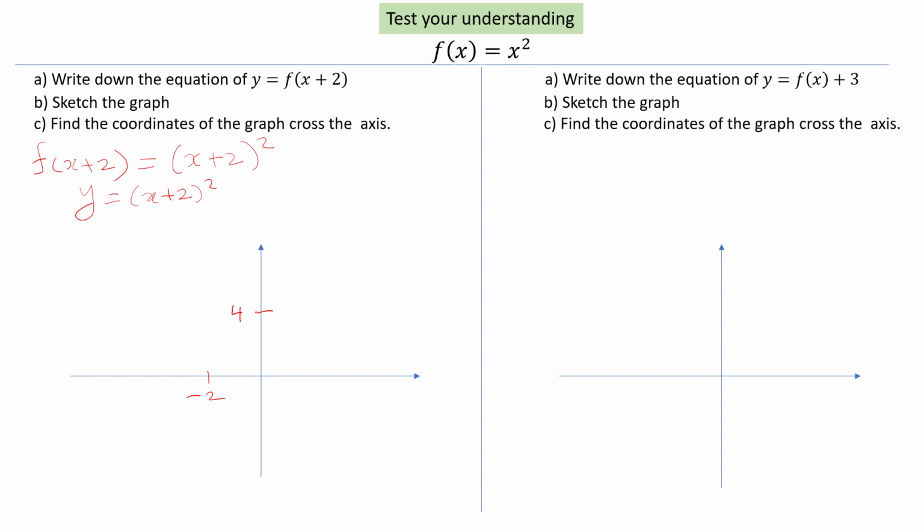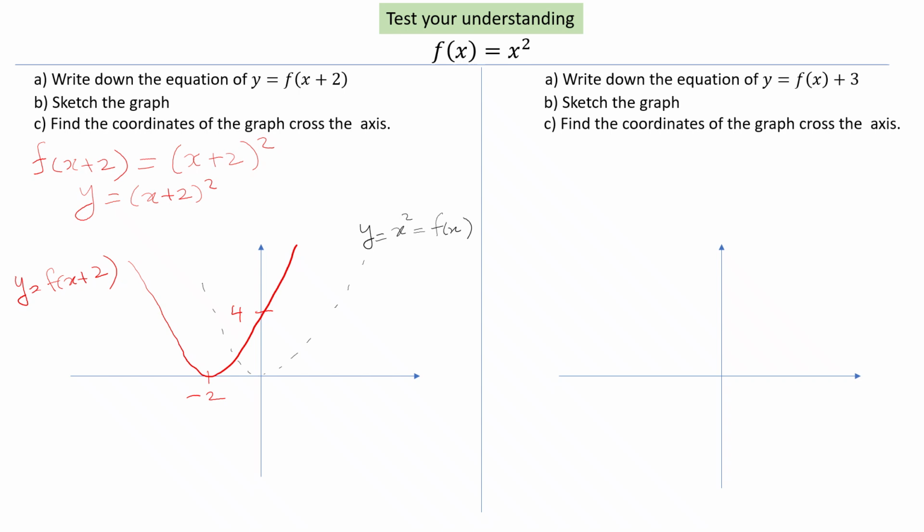So the original graph, f(x) equals x squared, this is y equals x squared, of f(x). The new graph, y equals f(x plus 2).